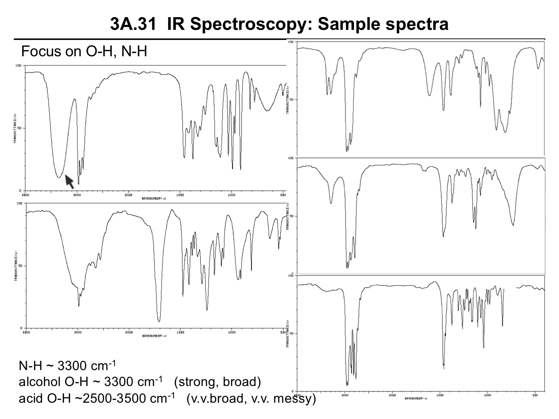So this is a distinguishing feature of an alcohol OH. Here we have our carboxylic acid OH. So way more broad and also messy. Where this one is nice and smooth, this one has a little more jaggedness to it. So alcohol OH compared to acid OH.